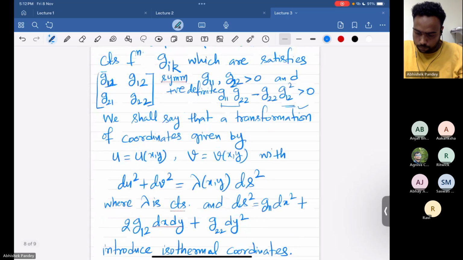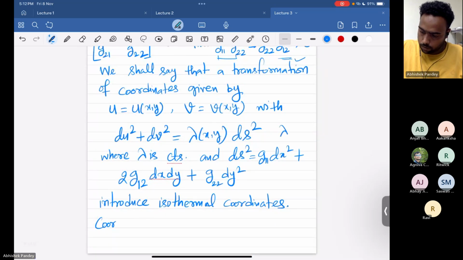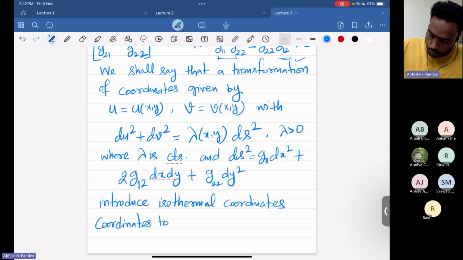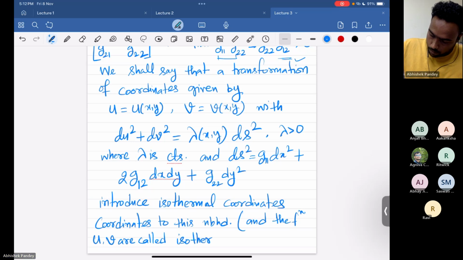Isothermal coordinates to this neighborhood, and the functions u comma v are called isothermal parameters.